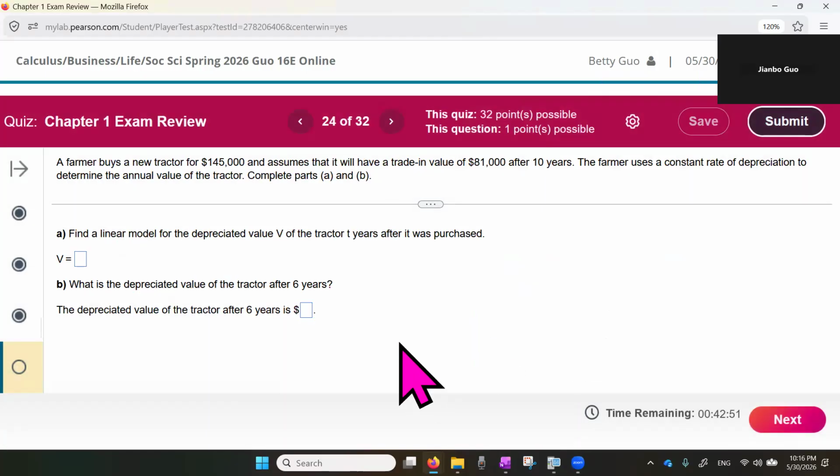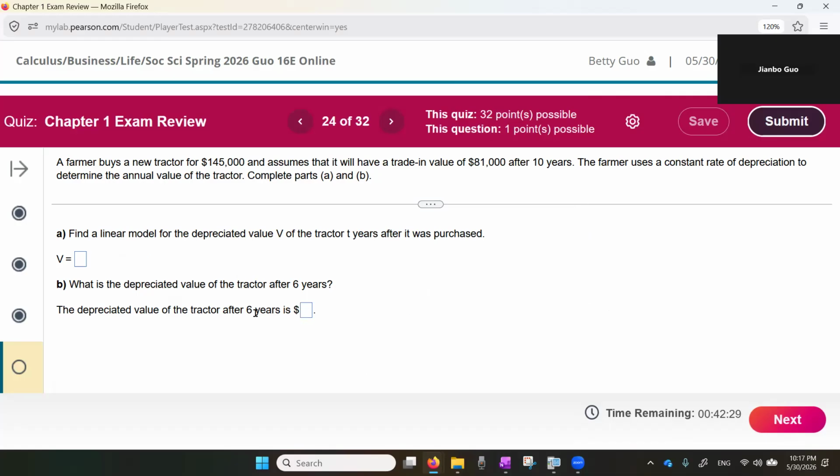Question number 24. A farmer buys a new tractor and assumes that it will have a trade-in value of $81,000 after 10 years. The farmer uses a constant rate of depreciation to determine the annual value of the tractor.